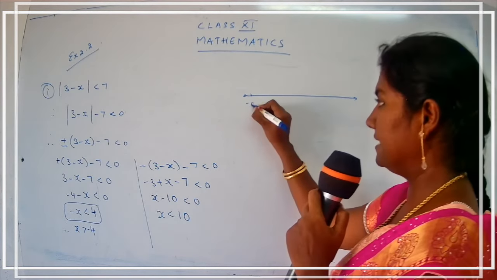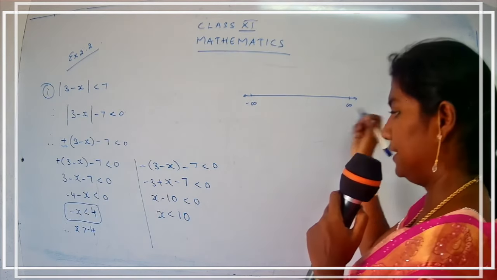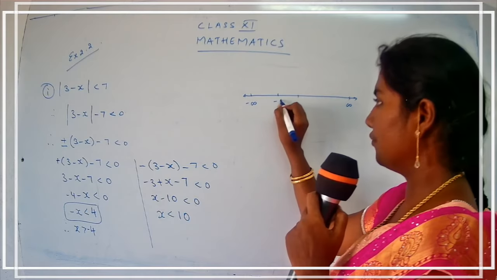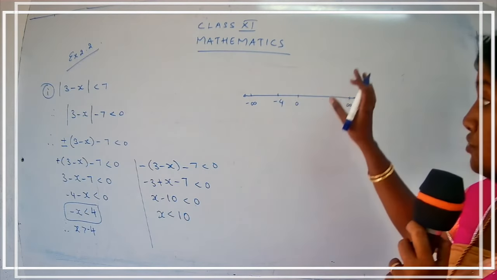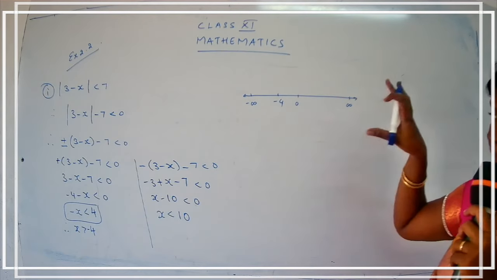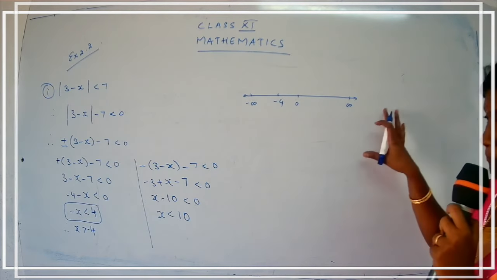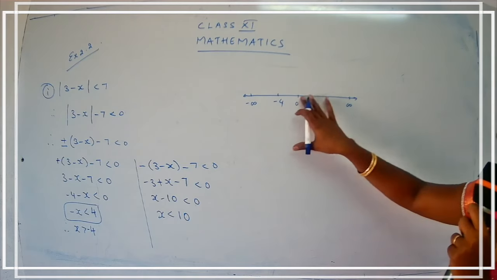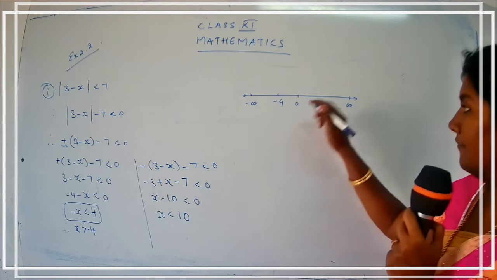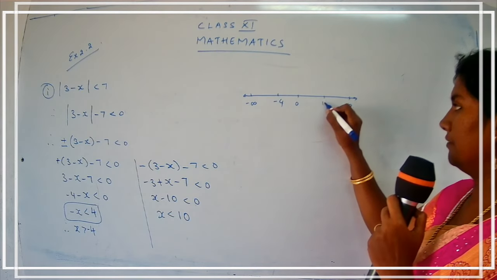I have minus infinity, plus infinity, and minus 4 somewhere here. Suppose this is the origin, minus 4 is somewhere here. This is a rough figure, no need for a proper number scale. We are just fixing where the point x is going to lie. So no need to mark any numbers. So minus 4 I have here, then 10 we have to consider. Somewhere here we have 10.